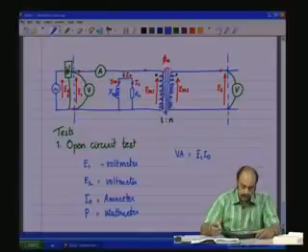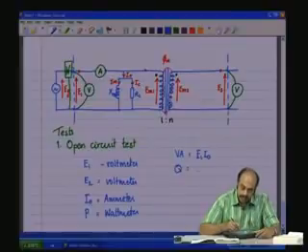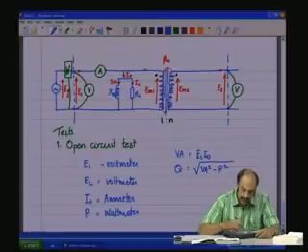E1 into I naught is the VA which is drawn from the source, and the reactive power VAR is given by root of VA square minus P square, where P is the active power measured in the wattmeter.